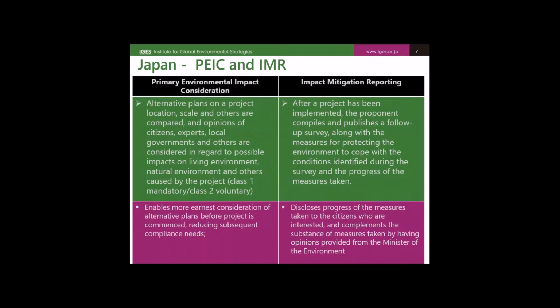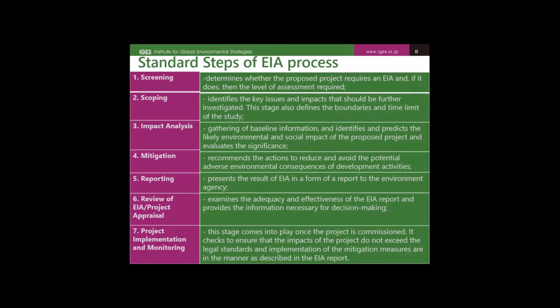The standard steps of the EIA process are screening, scoping, impact analysis, identifying the mitigation measures, reporting to the Environment Agency, and then the Environment Agency reviewing the EIA, and then once the project comes into play, there is implementation and monitoring.